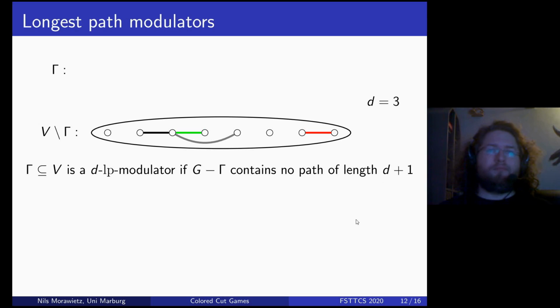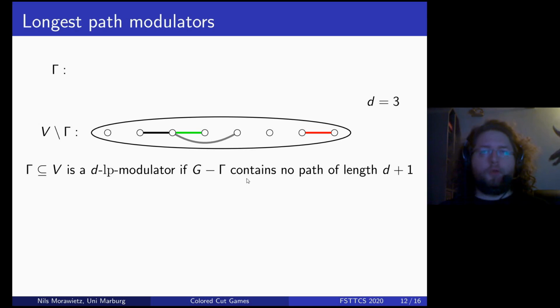This set might look obscure at first, these longest path modulators, but actually they are a generalization of a very famous parameter. For d equals 1, the 1-longest path modulators are exactly the vertex covers. And a vertex cover, or the size of the smallest vertex cover, named the vertex cover number, is a very famous parameter used in many parameterized algorithms.